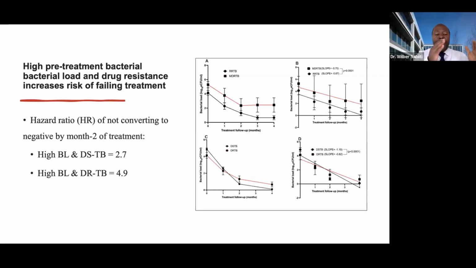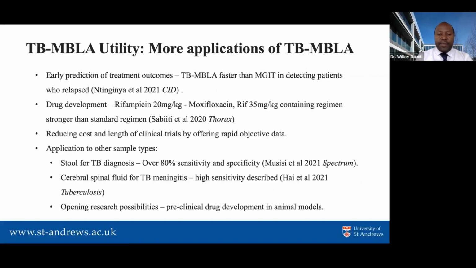So a combination of high bacterial load at the baseline and drug-resistant tuberculosis will increase the risk of not converting to negative during treatment. And this is the advantage of TB-MBLA in a way that it can provide us the means to detect the patients who are at risk of not succeeding in treatment, and then they are given appropriate management.